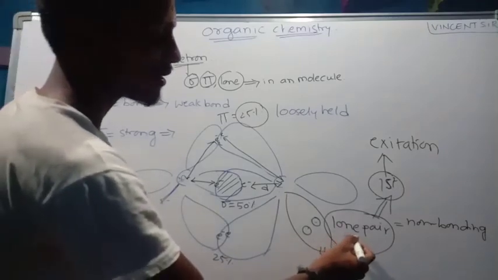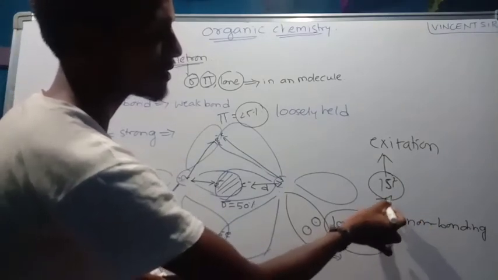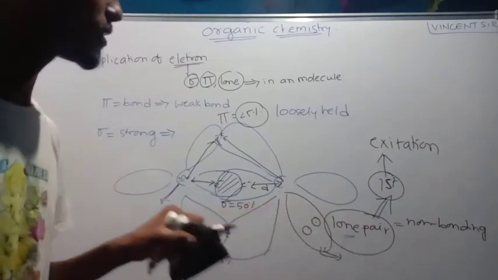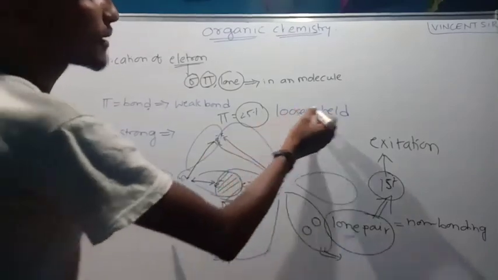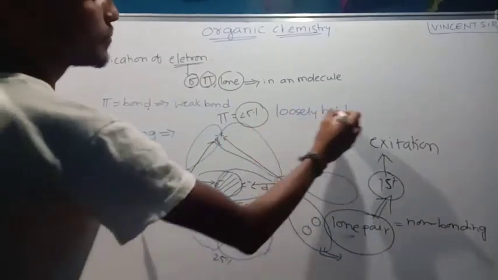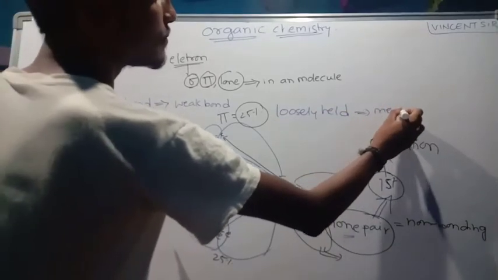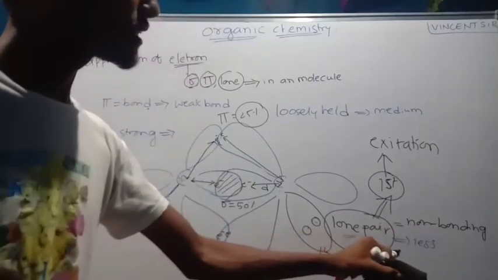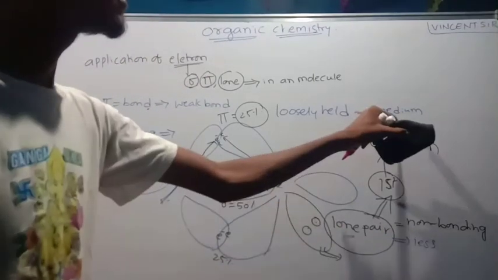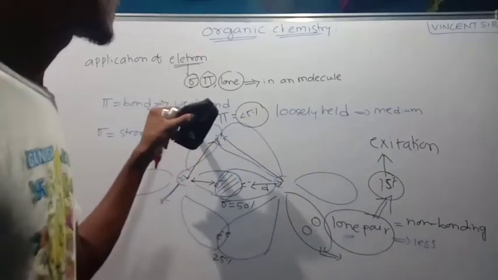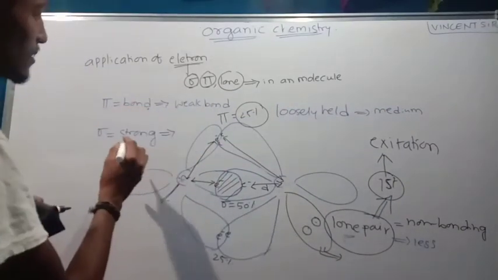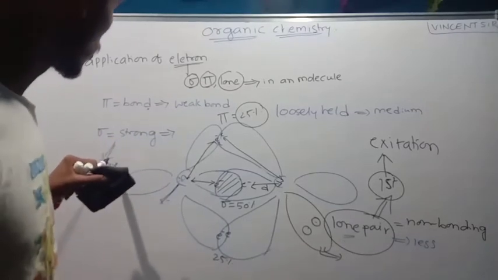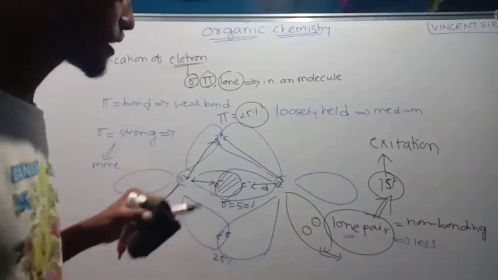And this is the lone pair, which is not at all involved in bonding. That's why these are excited first, meaning less energy is required to excite the lone pair of electrons, and medium energy is required to excite the pi bond electrons, and more energy is required to excite the sigma bonding electrons.